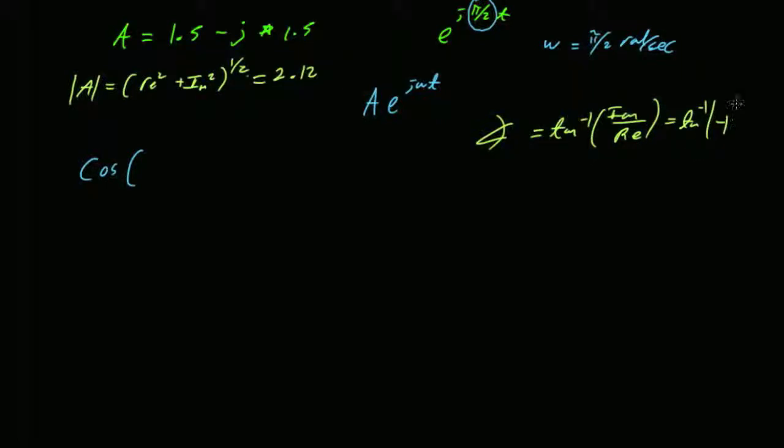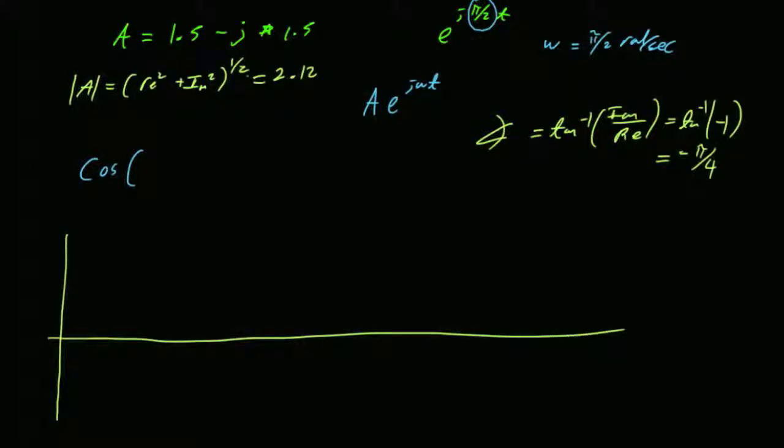And because we're engineers now, we're not in high school, instead of 45 degrees we express it in radians, so it'll be minus pi over 4. Okay, so let's put it all together. I've got a cosine. What's the amplitude of my cosine? It's got to be double that. So I need a cosine that goes roughly between positive 4.24 and minus 4.24, because remember, it's always twice the amplitude of A.